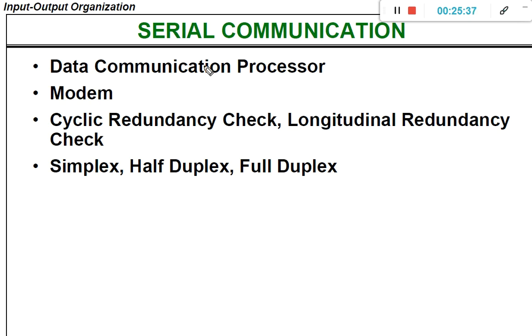However, here the serial communication is actually performed in the case of a data communication processor. Whatever communication we have seen till now is within the computer system. Then what about the data communication between two computers? That is generally carried out using the data communication processor.